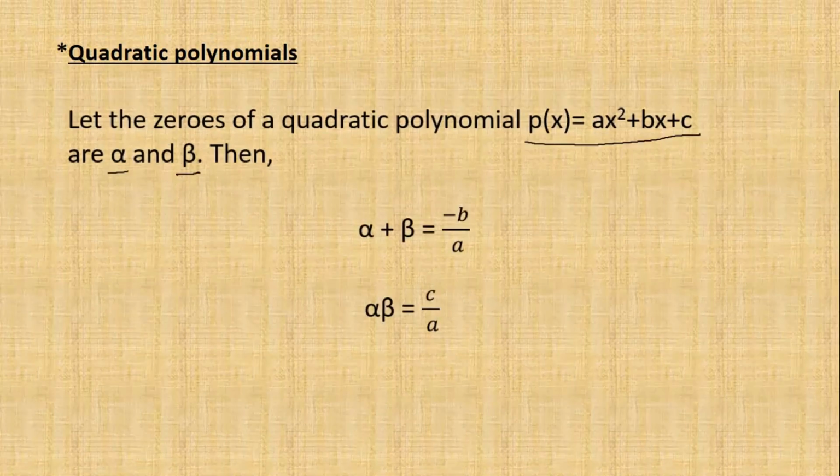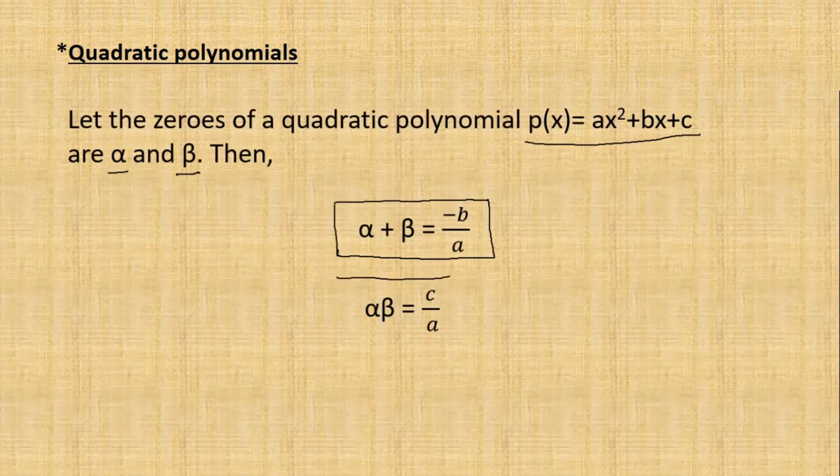So the relation is: the sum of the zeros will be minus b by a, the negative of the coefficient of x divided by the coefficient of x square. And the product of the zeros will be c by a, the coefficient of x raised to 0, or the constant term, divided by the coefficient of x square. These are the relations between the coefficients and the zeros of a second degree polynomial.